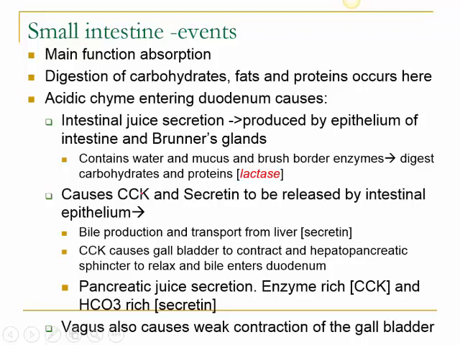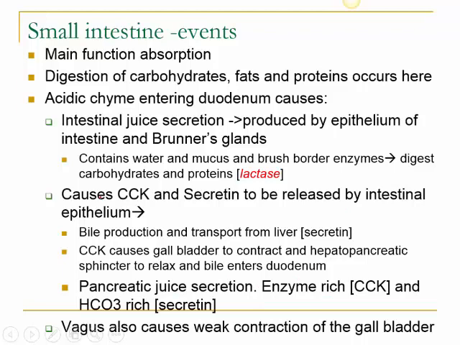Then both these hormones also go to the pancreas and stimulate it to produce its enzymes and juice. Cholecystokinin causes the pancreas to produce an enzyme-rich secretion, whereas secretin causes the pancreas to produce a more bicarbonate-rich secretion. So both enzymes and bicarbonate come into the duodenum.